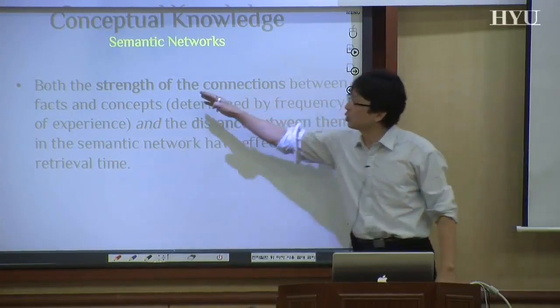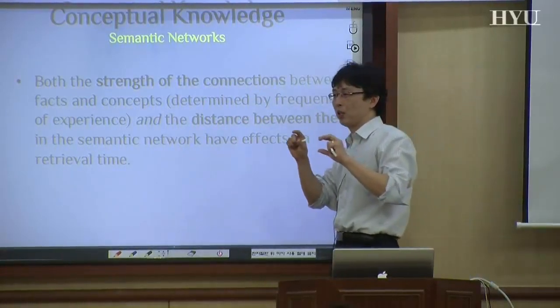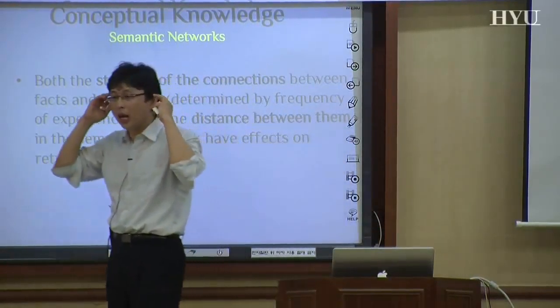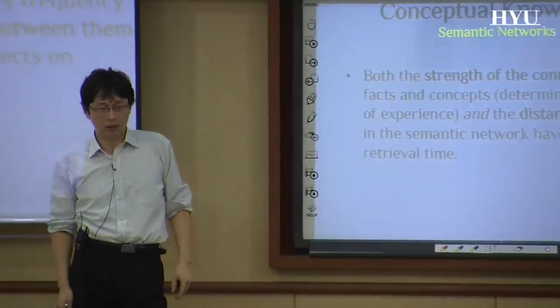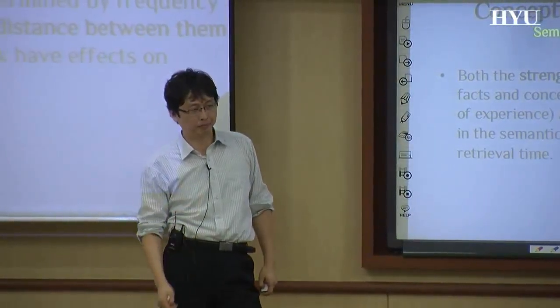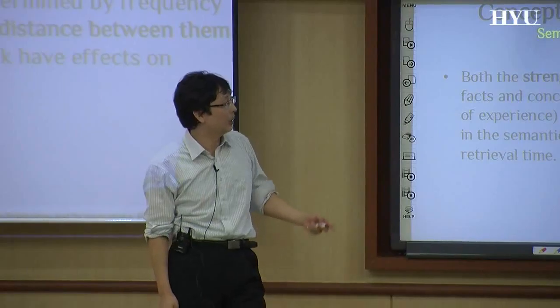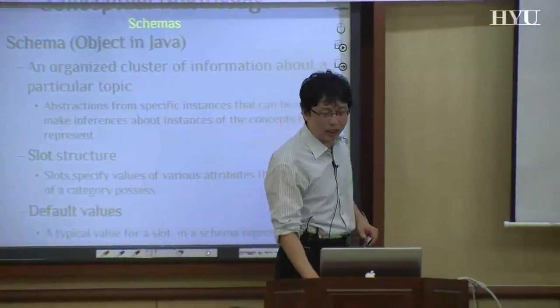Or the strength: if you want to keep that information in an important position, you have to rehearse it. So they give a strength on that knowledge, priority. Okay, so that is the semantic network. Right, that is what we did yesterday.